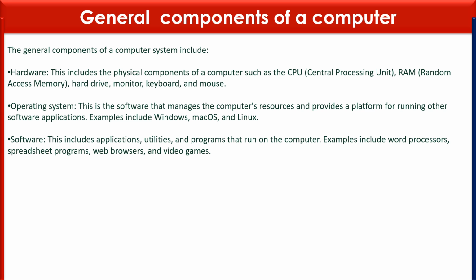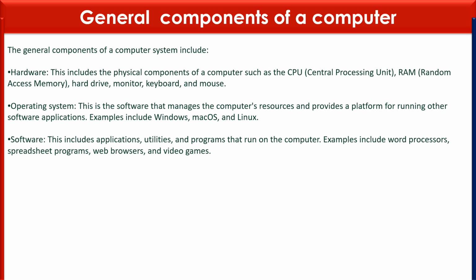Software. These include applications, utilities, and programs that run on a computer. Examples include word processors like Microsoft Word and Google Docs. Then we have spreadsheet applications like Microsoft Excel. Then we have web browsers.